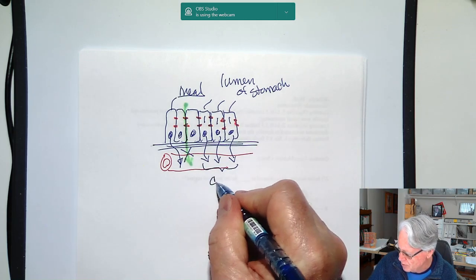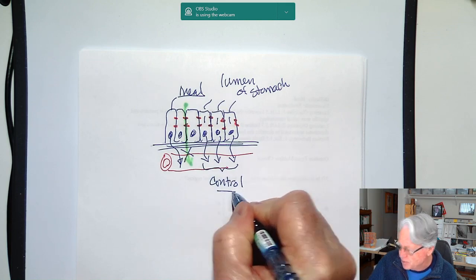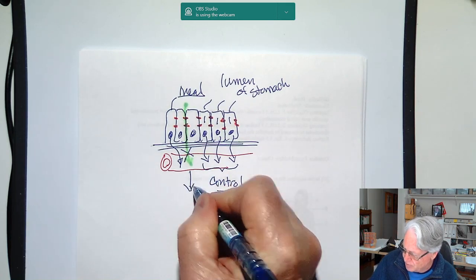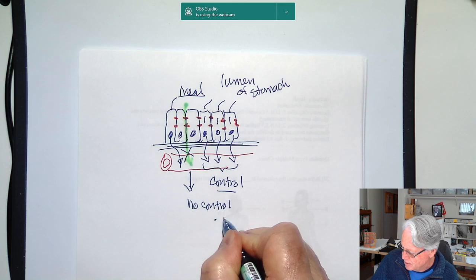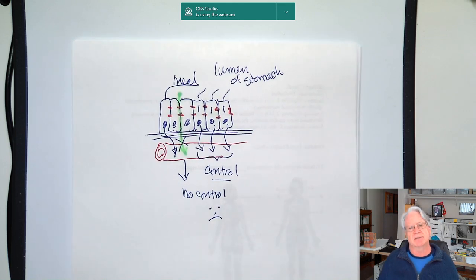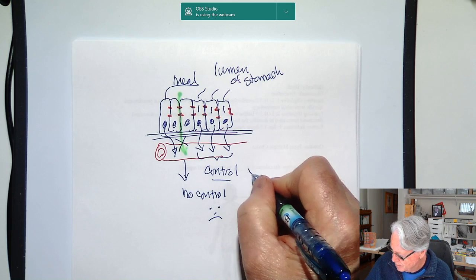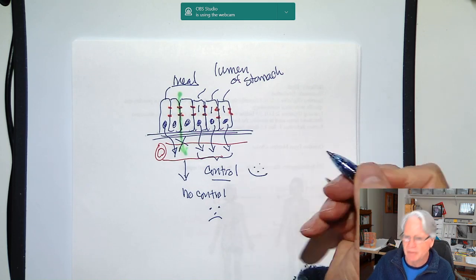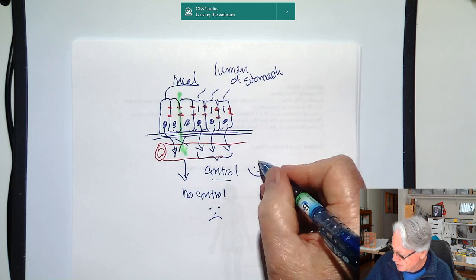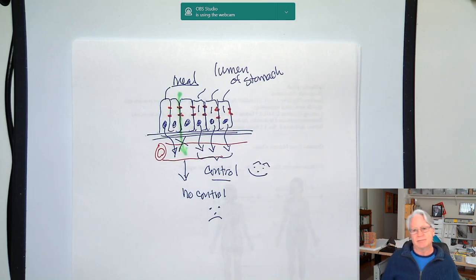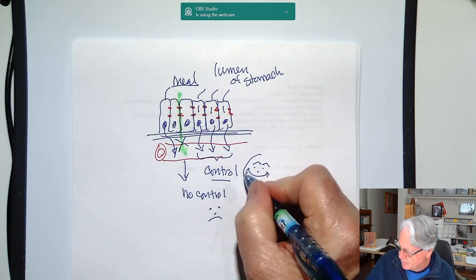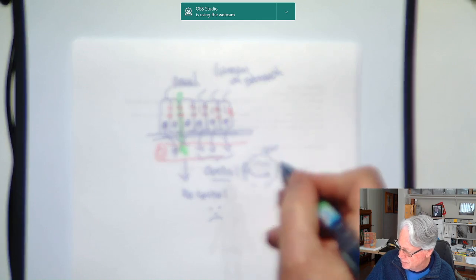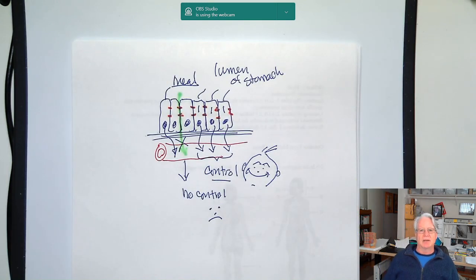This you have control over, and that's what you want. This you have no control over, and that, ladies and gentlemen, is bad. This is good. I don't know what that is there. We'll make that an eyebrow. There's me. I'm happy. So that's what we get with watertight junctions.